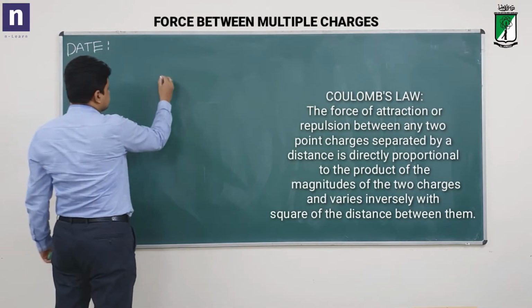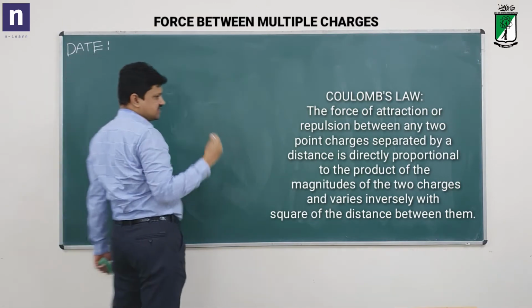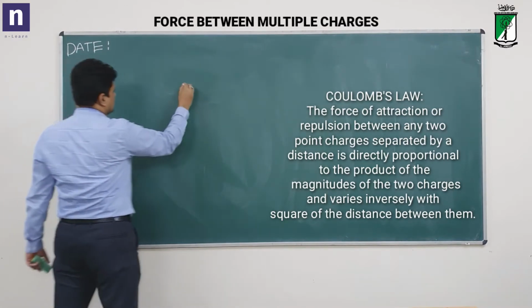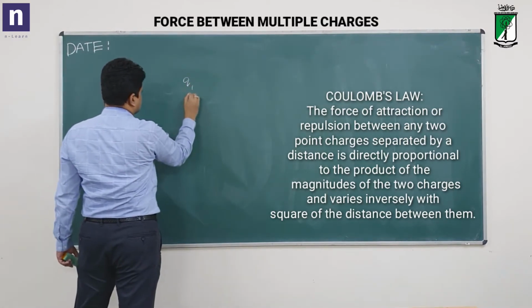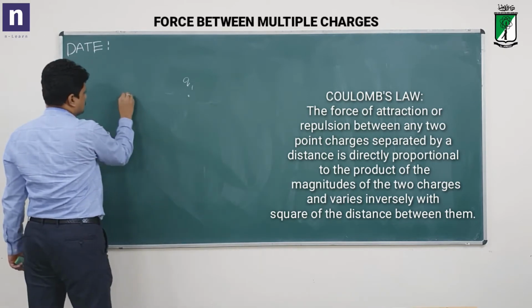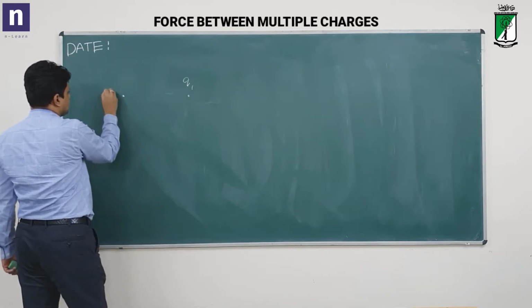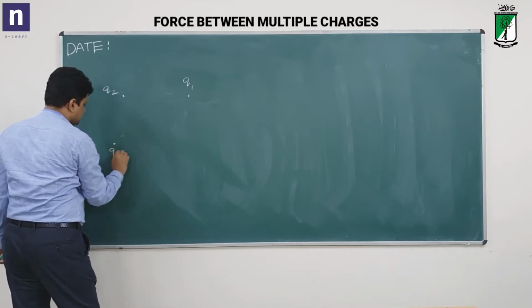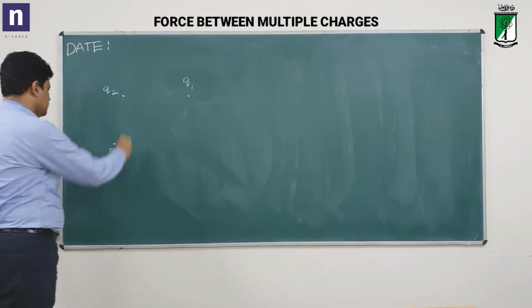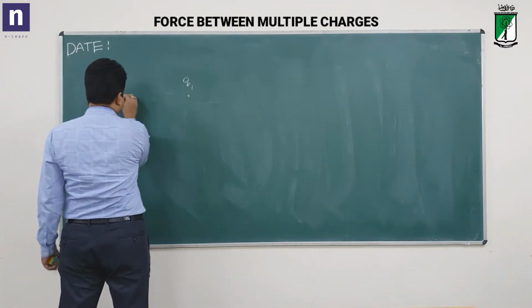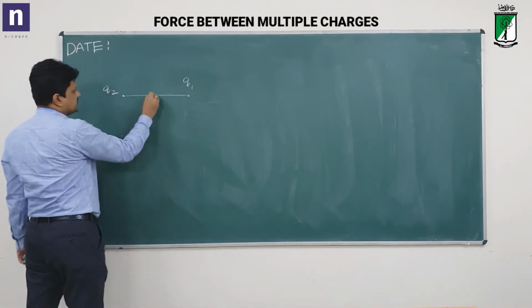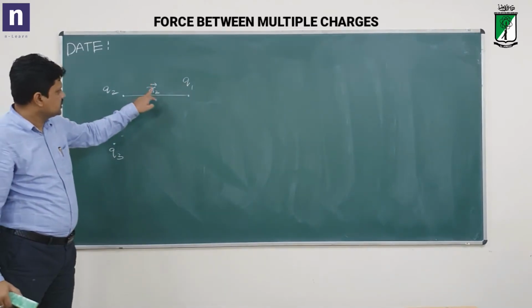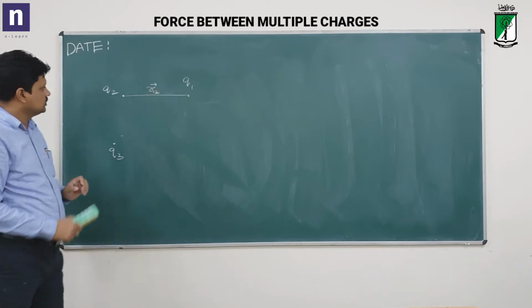So let us consider a number of charges, say 3 charges. To start with, I will take 3 charges. Say there is charge Q1, Q2, and say Q3. Now Q2 to Q1, the distance is R12, the distance of charge 1 from charge 2.